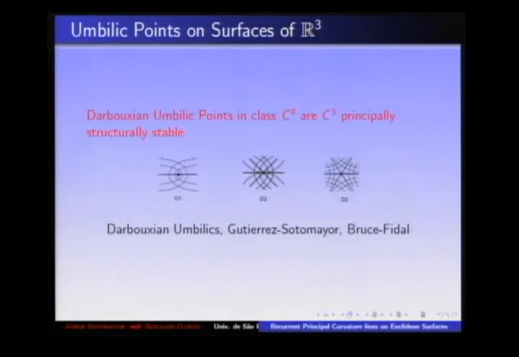And here are the Darbouxian umbilics, and here is the D1 point that I draw here. D2 point is homotopic to the D1, except that this separatrix was thickened. The one-dimensional separatrix was thickening into a wedge, into a sector of separatrix reaching the umbilic.